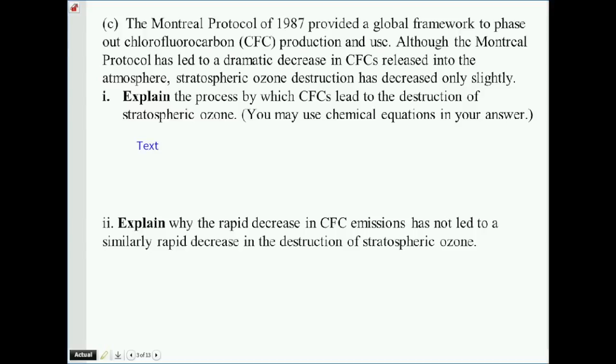Okay, so these are your chlorofluorocarbons. When they react with UV, you could say this in equation form, or you could just say it in word form. They produce this chlorine radical here, right, which just has a negative charge. And then that chlorine radical reacts with ozone and produces ClO plus O2.